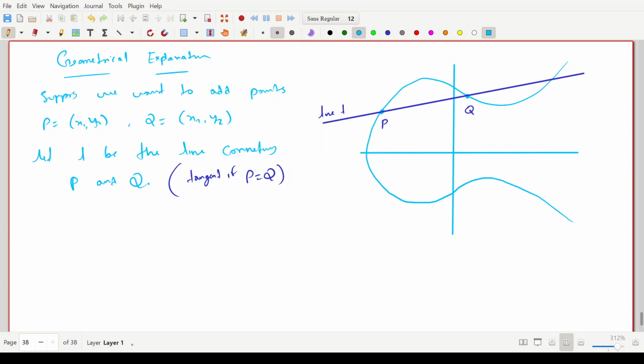Let R be the third point of intersection of L with E_p(a,b).